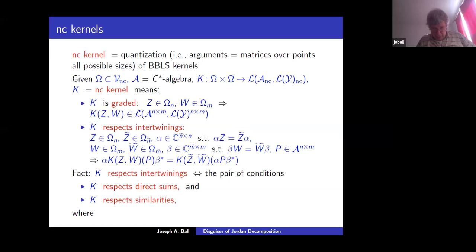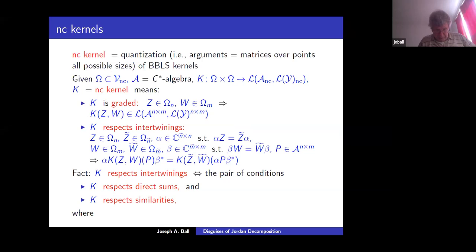Then I'm going to define a kernel from the Cartesian product omega times omega, where omega is now a non-commutative set, with a base set and matrices over that set, into operators from A non-commutative to L of Y non-commutative, which means you have matrices over A and matrices over L of Y.